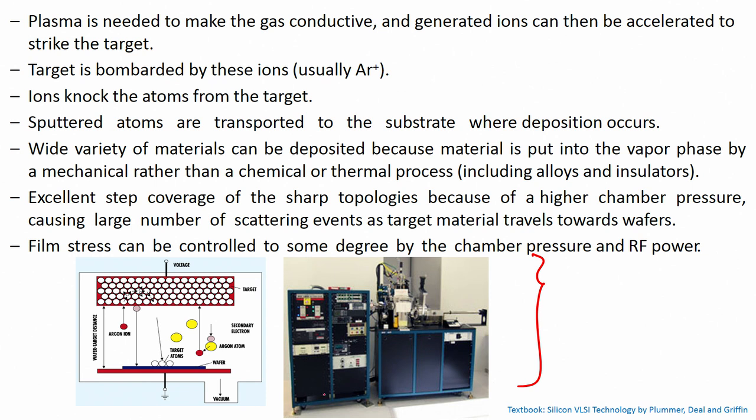Here you can see the equipment, which is a sputter deposition system. Here you load the wafer, and you can change your voltage and power using this section. This is connected again to the vacuum pump, which is your turbomolecular pump.